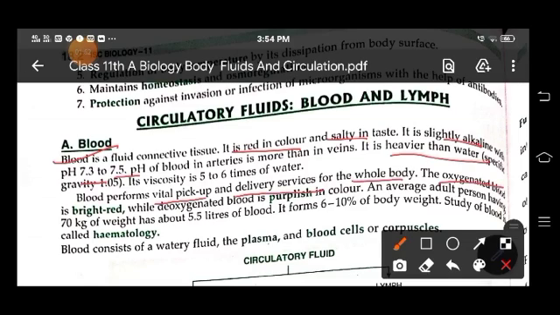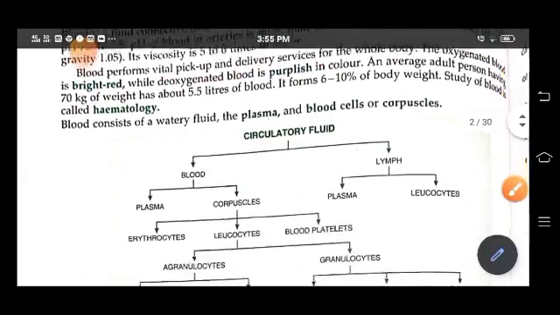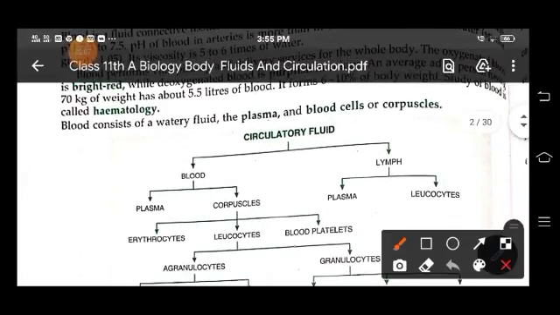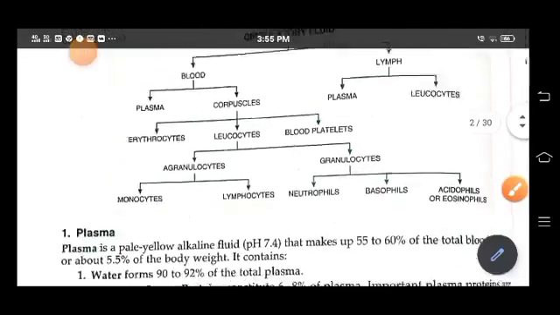The oxygenated blood is bright red, whereas deoxygenated blood, which is purplish in color, travels through this transport system. Blood consists of a fluid, plasma, and blood cells or corpuscles.